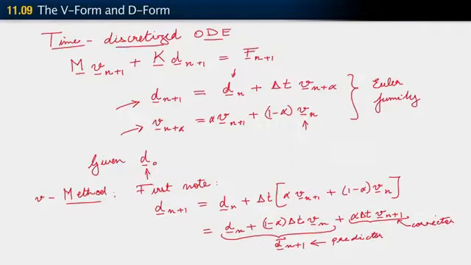Okay? So written differently, dn plus 1 is equal to the predictor, dn plus 1 tilde plus the corrector, alpha delta t Vn plus 1.